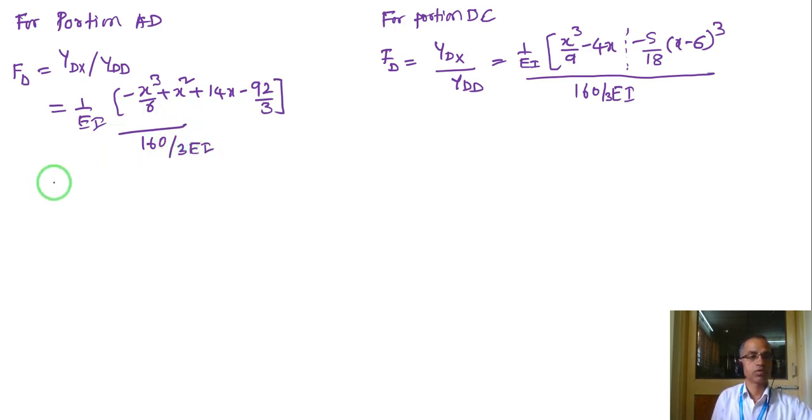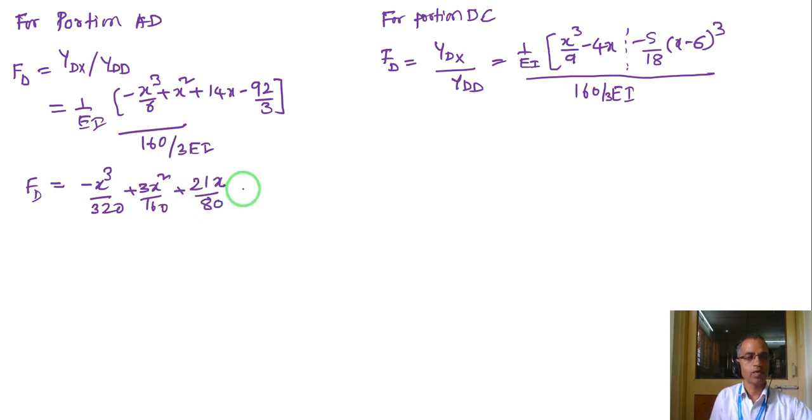By simplifying this, I get minus x cube by 320 plus 3x square by 160 plus 21x by 80 minus 23 by 40.